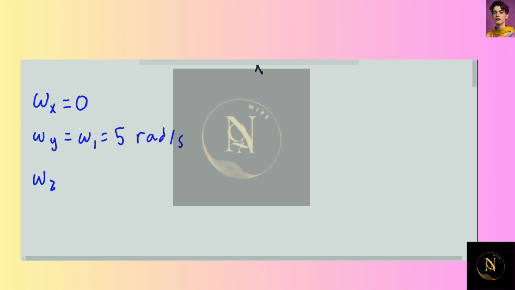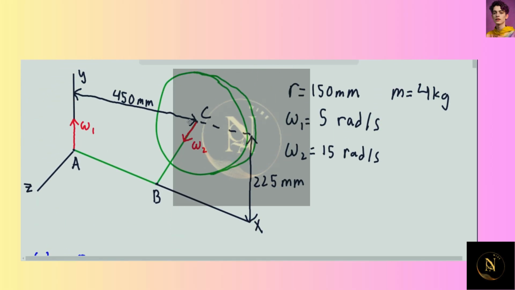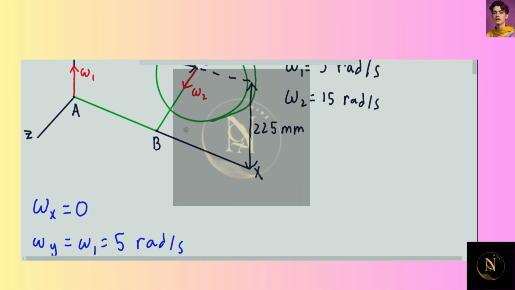And omega z is going to be equal to this angular velocity, and it's given as 15 radians per second.